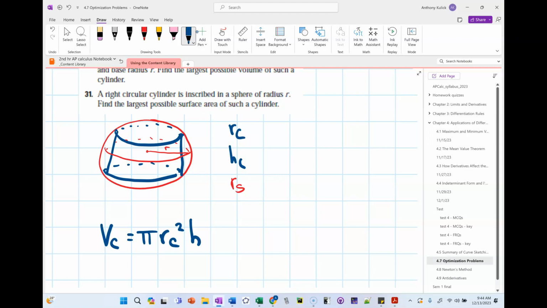What I'm going to want to do now is find a way to rewrite the radius of my cylinder and the height of my cylinder in terms of r_s, the radius of the sphere. Okay, is everybody all right with that plan? So let's see here. I can also say that that is a radius for my sphere, right?